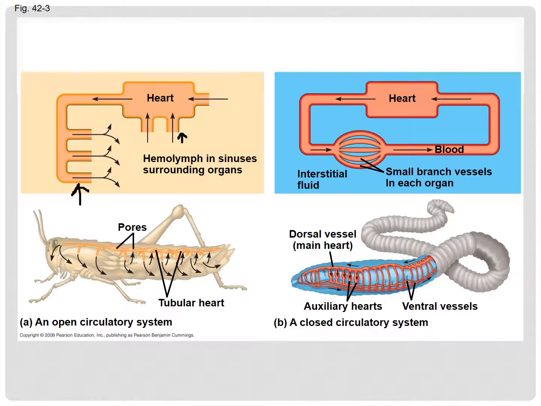But because the blood leaves these vessels and mixes with the interstitial fluid, we can't call that blood. So instead we call this hemolymph, which is kind of a blood-like fluid. Versus in our closed system, the blood remains within these tubes and sticks around in there. And so this would be the blood because it never mixes with the interstitial fluid, so it remains blood.